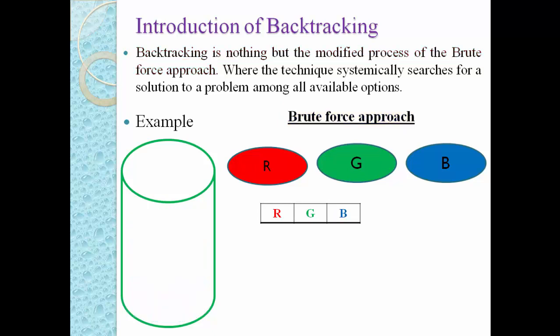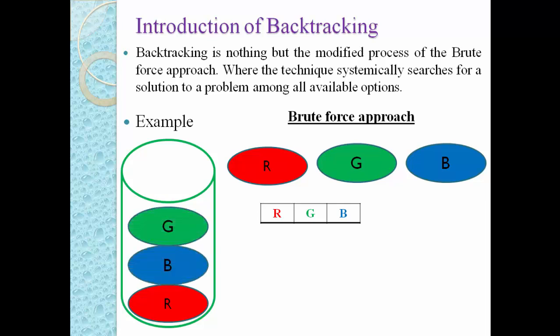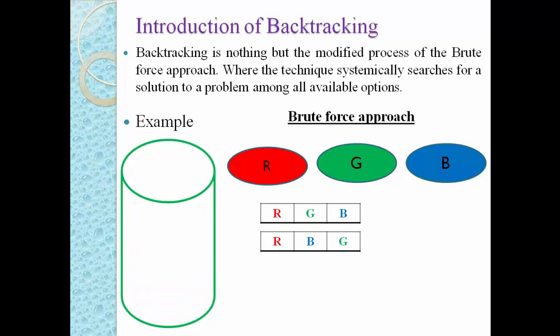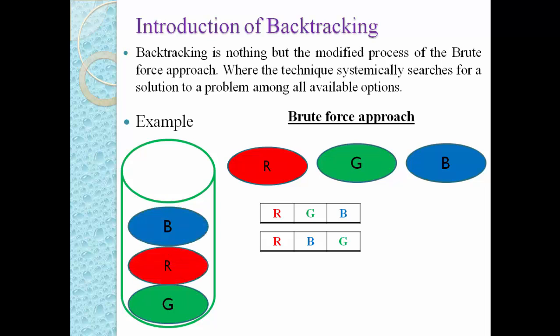For example, if we fill red first, then blue and then green, the sequence is red, blue, green. In the same way we can have another solution, such as green first, then red and then blue. So the sequence is green, red and blue.